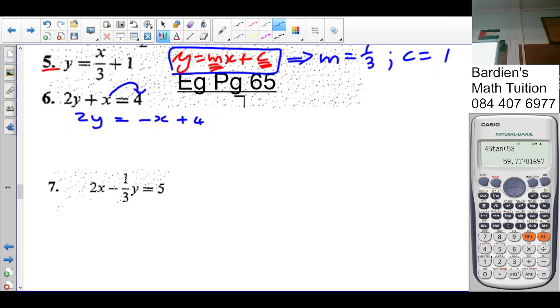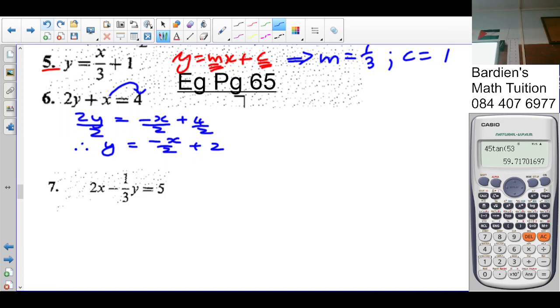No. What's the value in front of y here? 2. I must get it in that form first, so I divide by 2. Therefore, y is equal to negative x over 2 plus 2. So what is your m value now and what is your c value? Write that in.